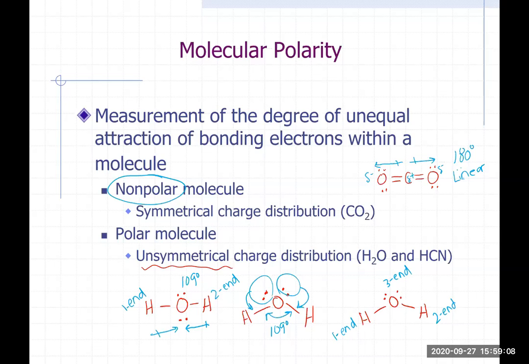Here's the question: is one end more electronegative compared to another? And if the answer to that is yes, then this is a polar molecule. And we know the answer to that is yes, because the oxygen end is more electronegative compared to either hydrogen, either end of the molecule that has a hydrogen on it.